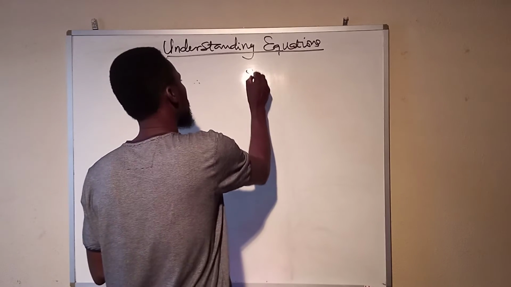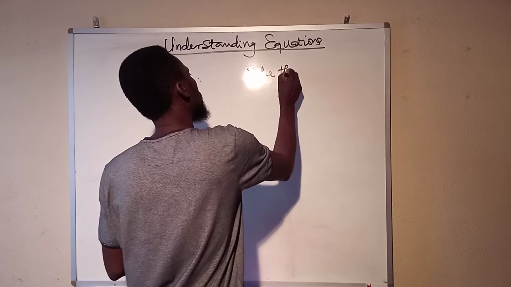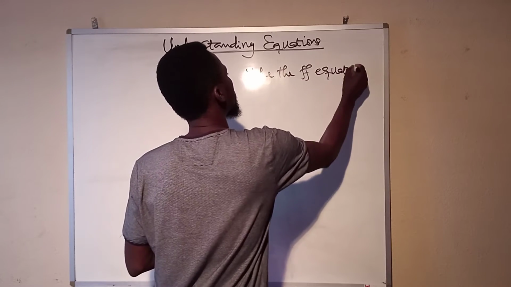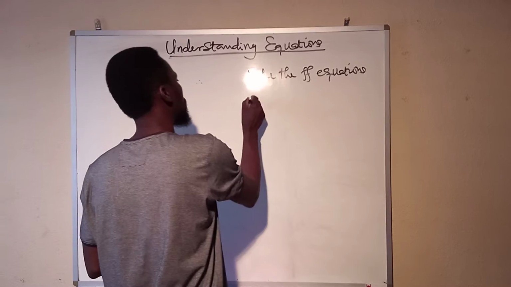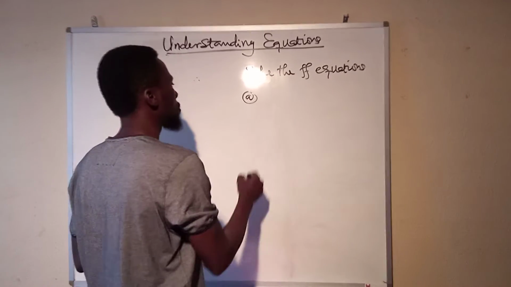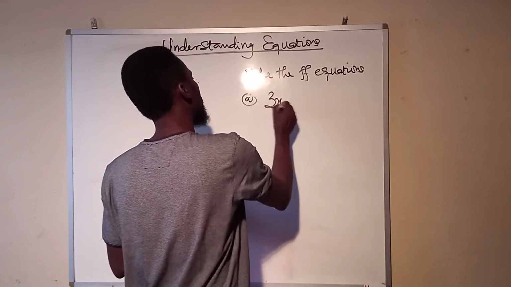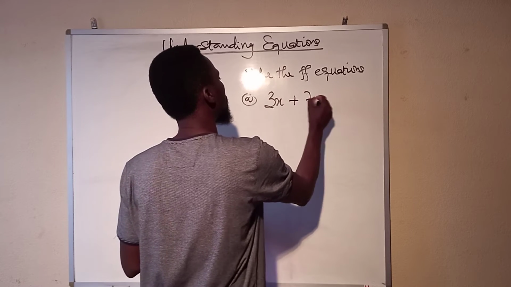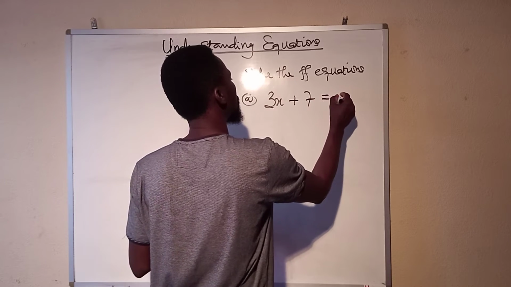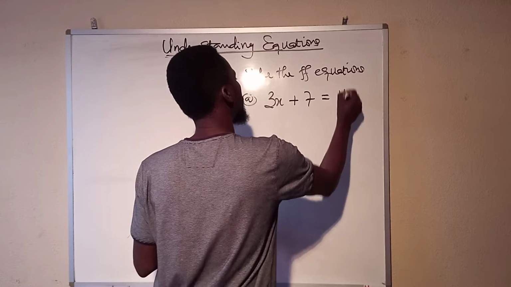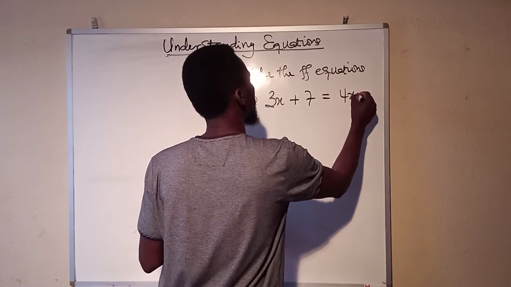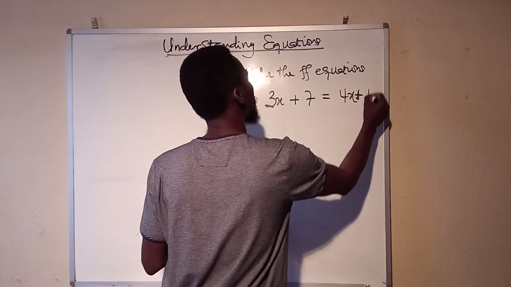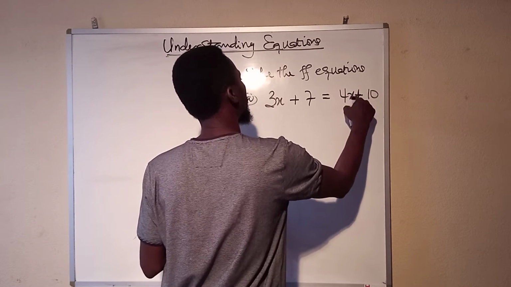Let's write here, solve the following equations. Let me put here A. In A, let me put 3x plus 7 is equal to, let's say, 4x plus 10. This is what we have.